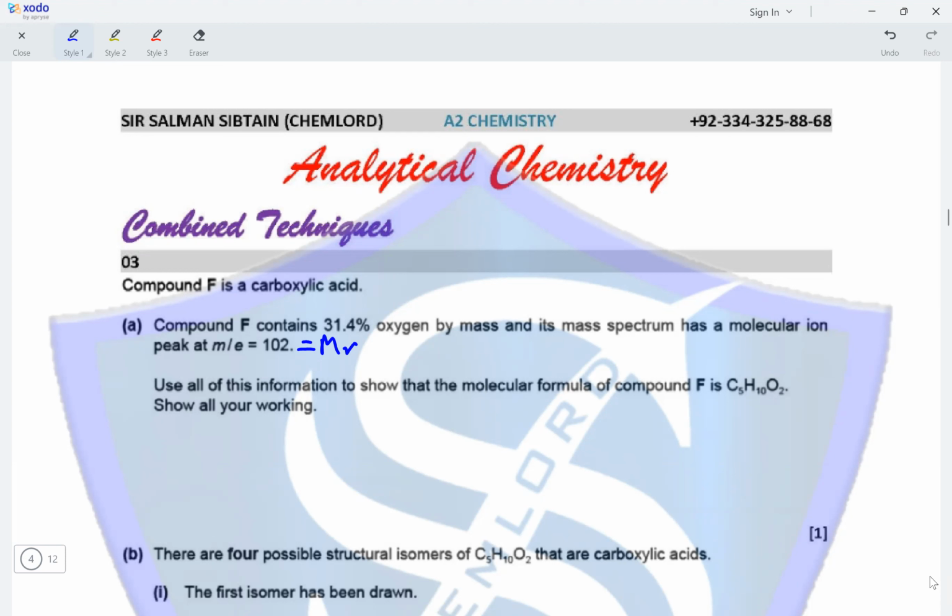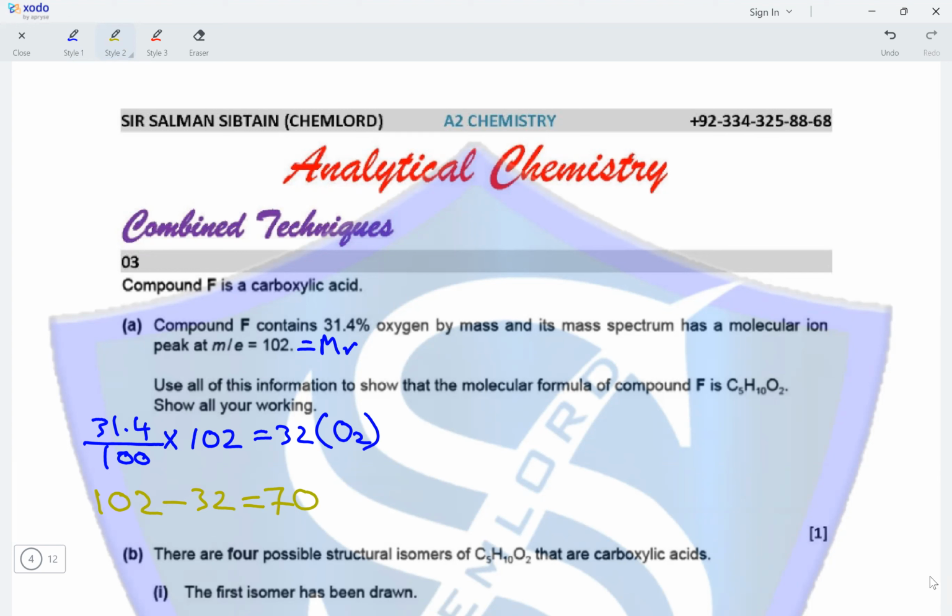So the number of oxygen atoms can be obtained by using the percentage of oxygen. So 31.4 upon 100 times 102 gives us a mass of 32, which means two oxygen atoms are present. So out of the total mass 102, if we minus 32, we have a mass of 70 remaining.